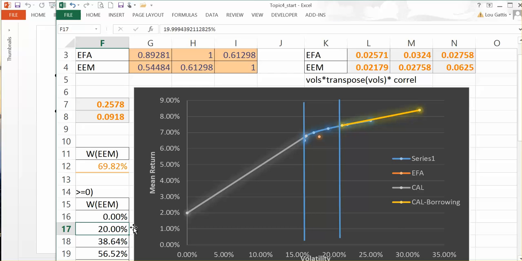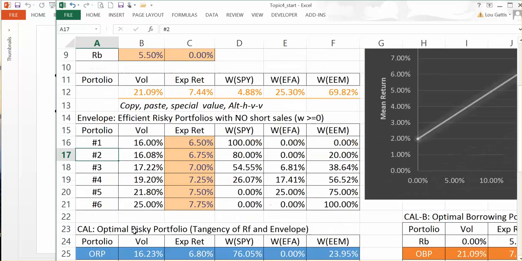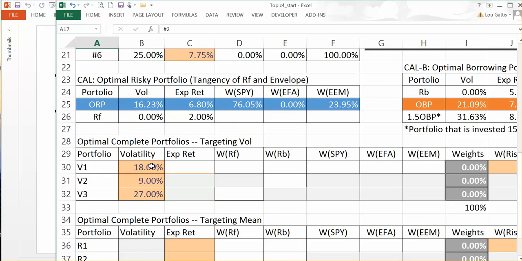So I made up three scenarios. Say I'm looking for a volatility of 9, 18, or 27. All right, so we'll call these portfolios V1, V2, V3. I want an optimal portfolio that combines borrowing, treasuries, and the risky three assets that provide an optimal 9, 18, or 27% vol.